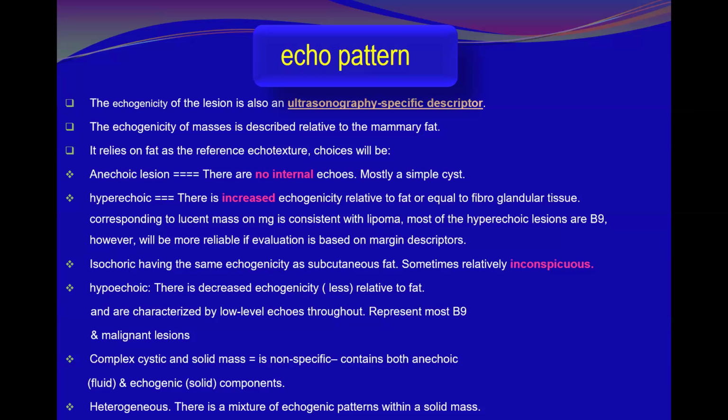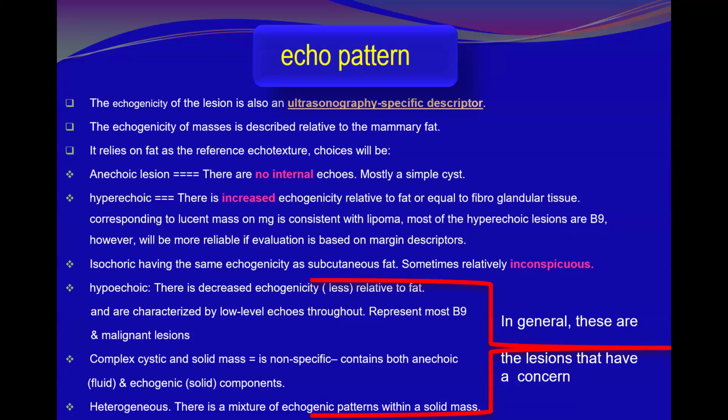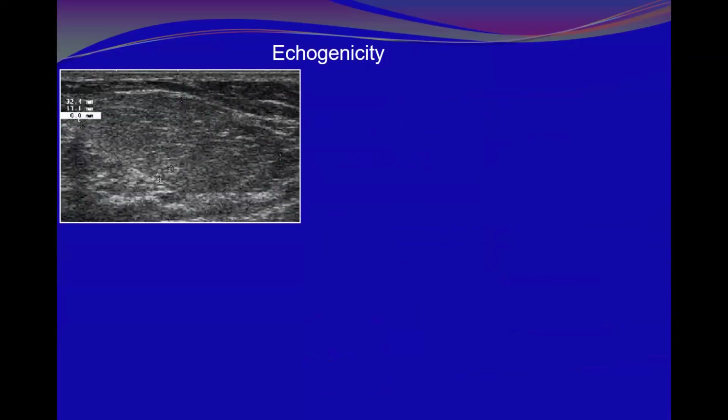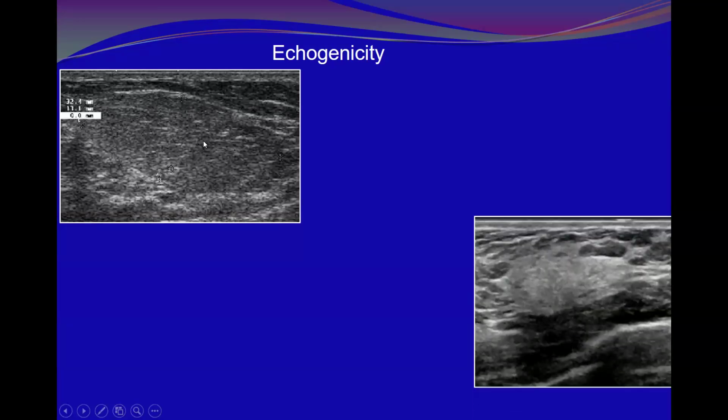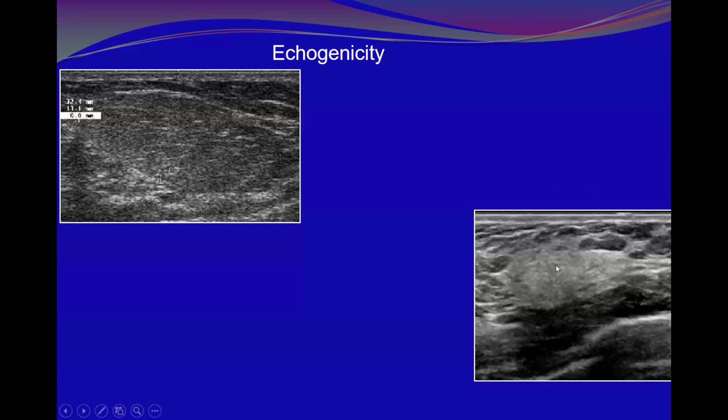And in heterogeneous lesions, there is a matrix of echogenic pattern within the tissue. The area of concern for us usually is hypoechoic, complex, and heterogeneous. Here this lesion has the same echogenicity as the surrounding fat, that is isoechoic, while this one is so much brighter than the fat, hyperechoic.